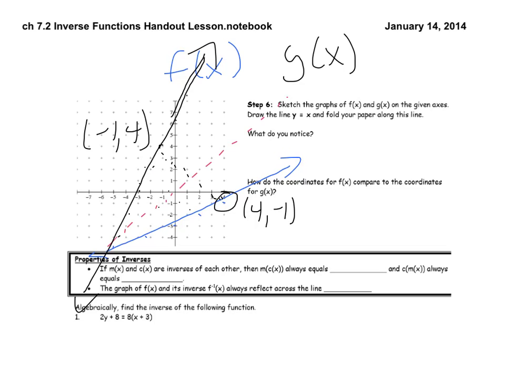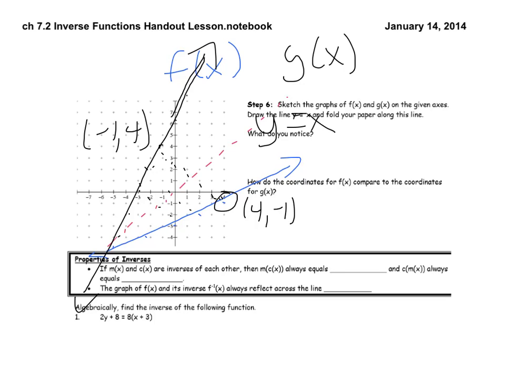If you fold your paper along the line, all of those points should match up. This line y equals x, right here, is a reflection line for a function and its inverse. So go ahead and fill out the properties of inverses.